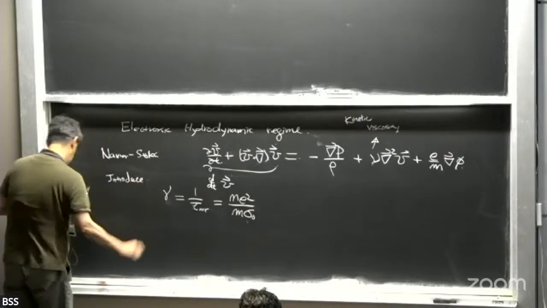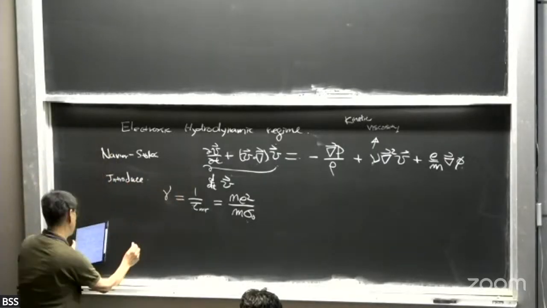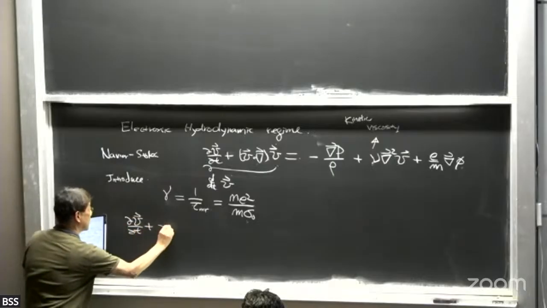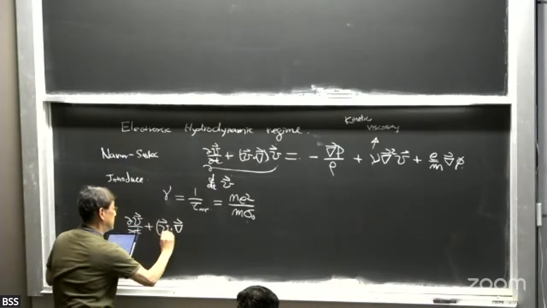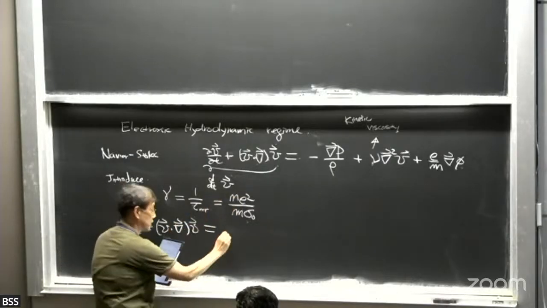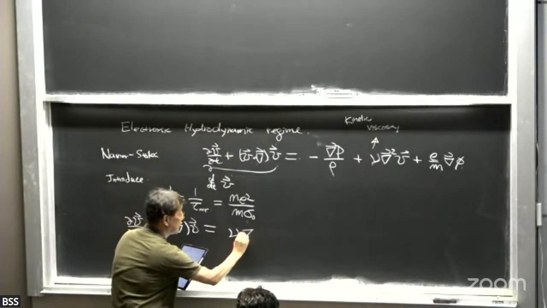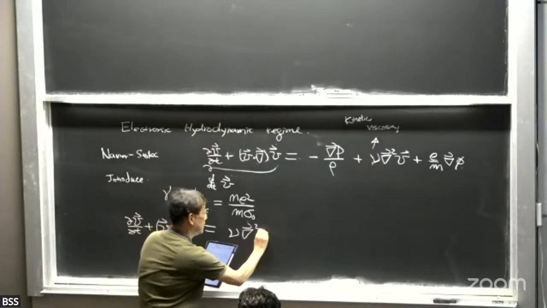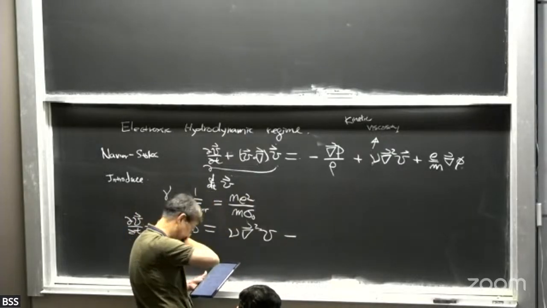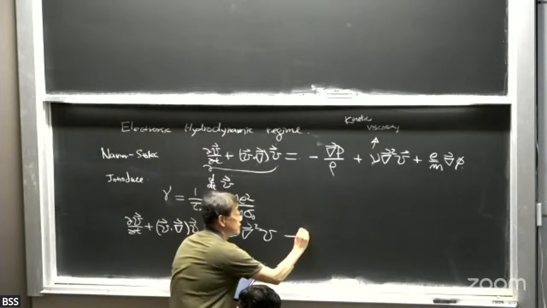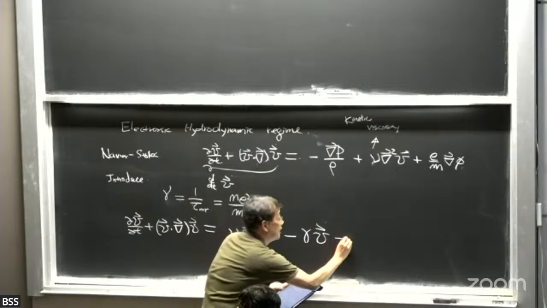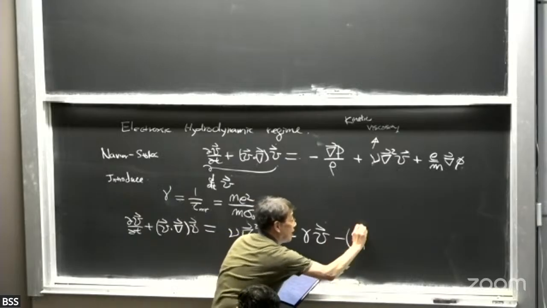The equation can be rewritten: we have the convection terms as usual, and on the other side the pressure term. Now I have to explicitly introduce the momentum relaxation, as usual a Langevin term like gamma V, and then all the other drive terms.